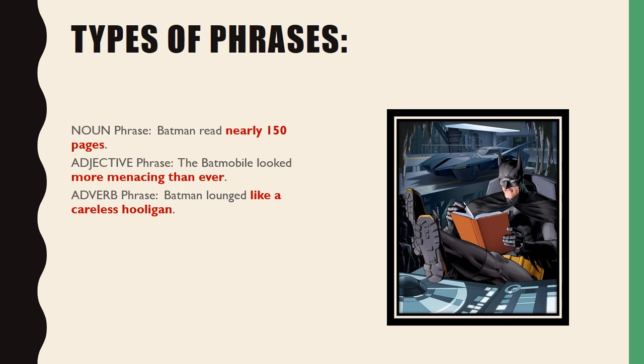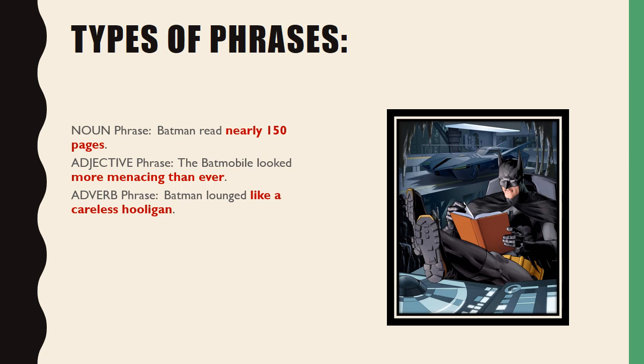Here we've got an adverb phrase. An adverb describes the way that a verb has been done. So we've got this sentence, Batman lounged like a careless hooligan. As a matter of fact, Batman lounged could be its own sentence, just the subject and a verb. But in this case, we want to describe the way that Batman is lounging.